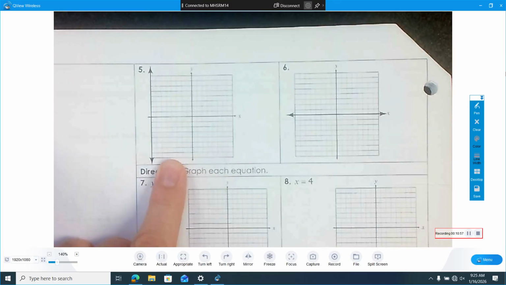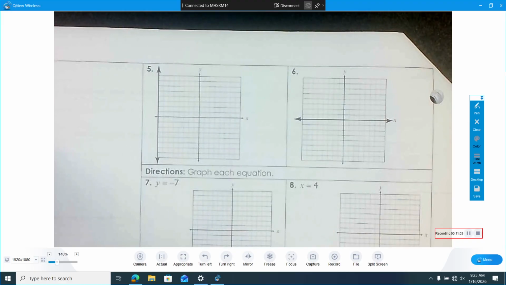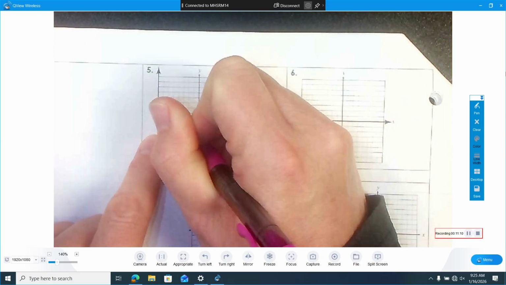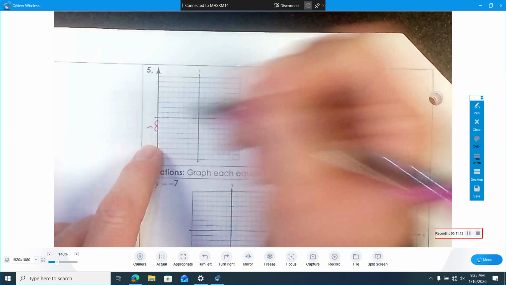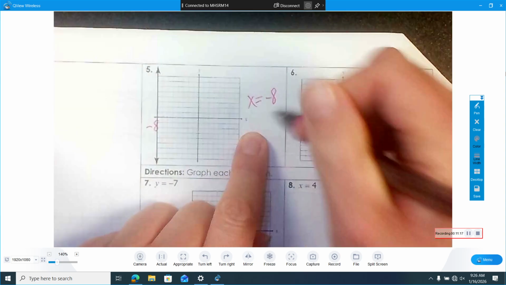What's the equation of this line? Negative 8. What is negative 8? X equals negative 8. Very good.